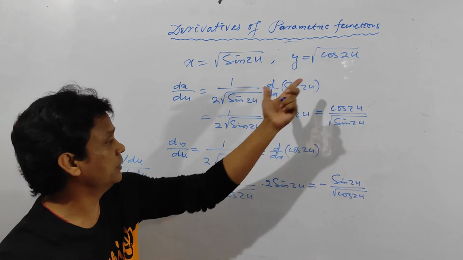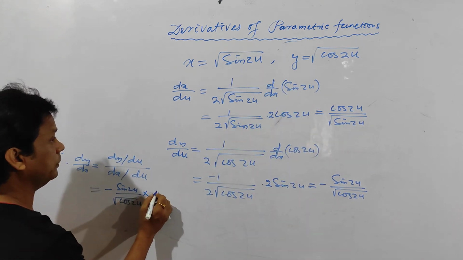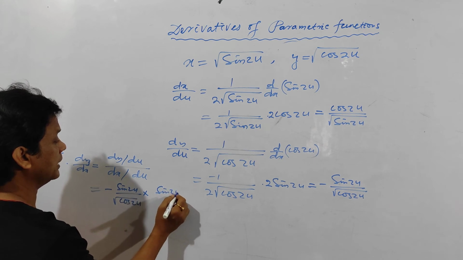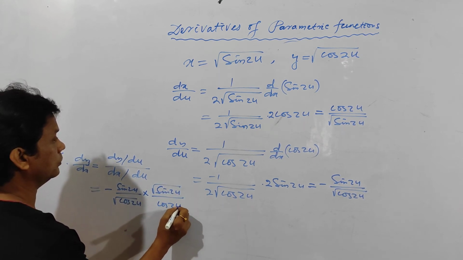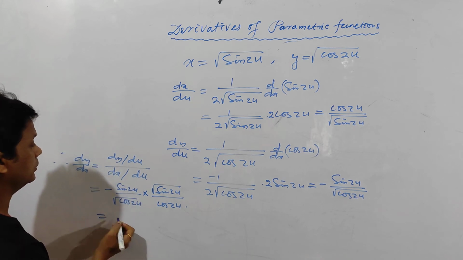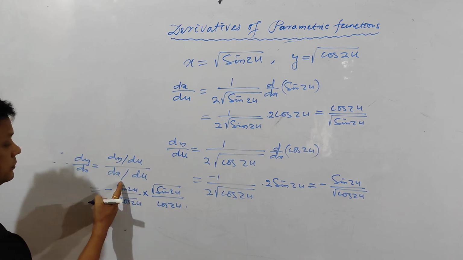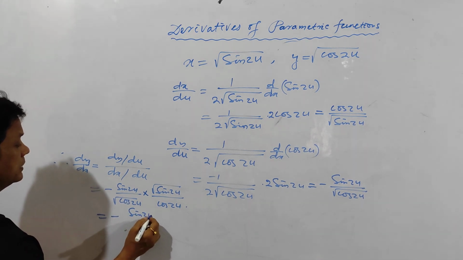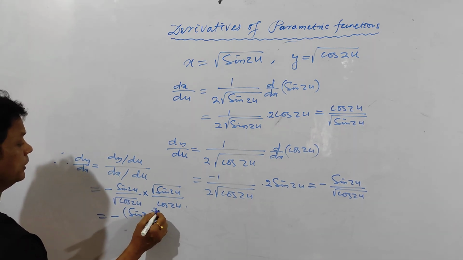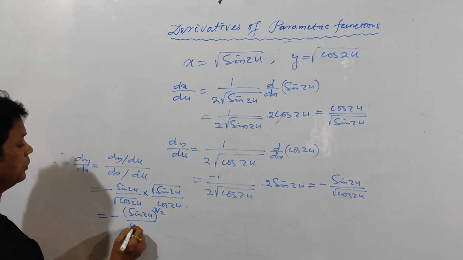Dx by du, reverse it. It will be root over sin 2u divided by cos 2u. Clear? So it will become minus sin 2u to the power 3 by 2 divided by cos 2u to the power 3 by 2.